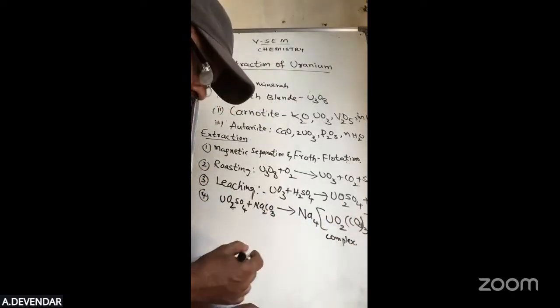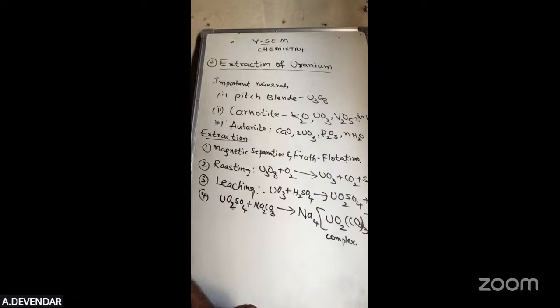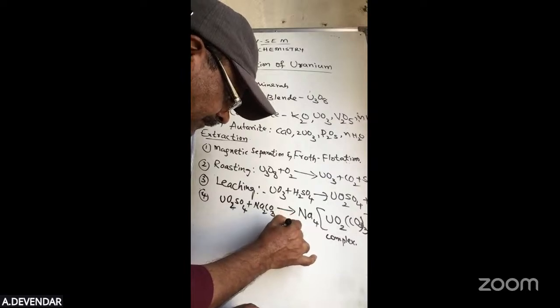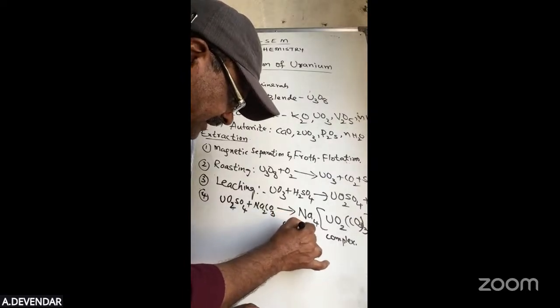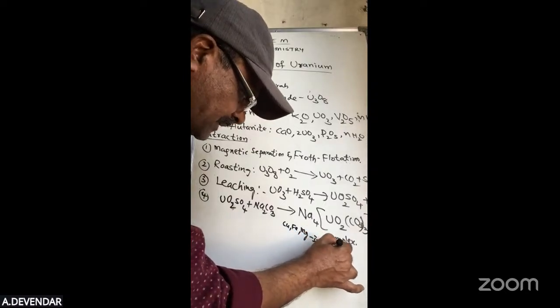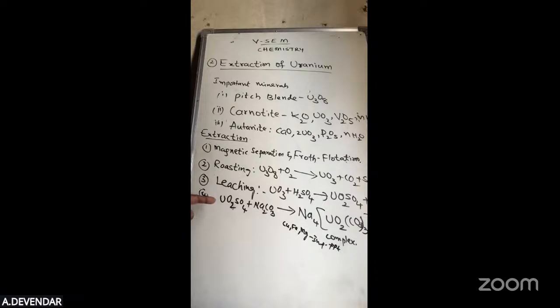During this, many other impurities like copper, iron and magnesium are precipitated out. Copper, iron and magnesium impurities are precipitated out as a precipitate. It is a byproduct obtained with the help of the sodium carbonate base.